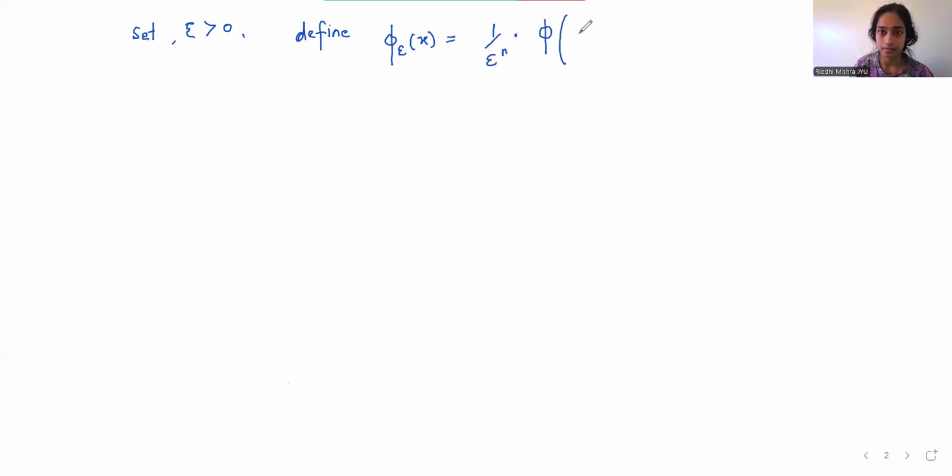I set epsilon positive and define phi epsilon at x as 1 over epsilon to the power n times phi of x over epsilon. Since the standard mollifier has support in the unit ball, the support of phi epsilon is in B(0, epsilon).